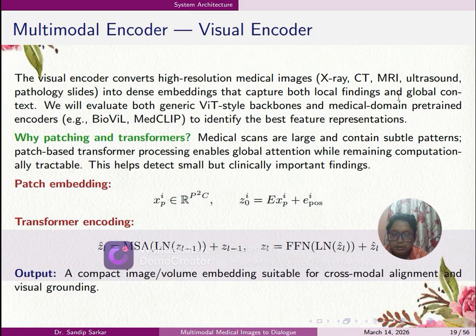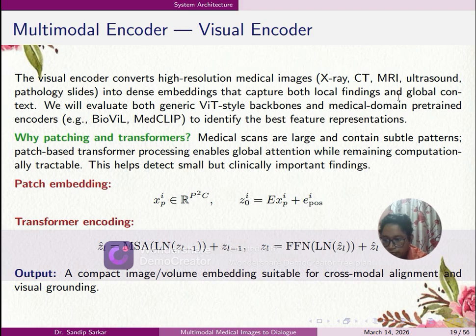In the multimodal visual encoder part of the architecture, the visual encoder is responsible for converting high resolution medical images such as X-ray, CT scan, MRI, ultrasound image, and pathological slide into dense embeddings.